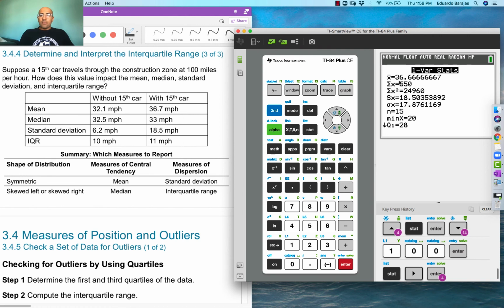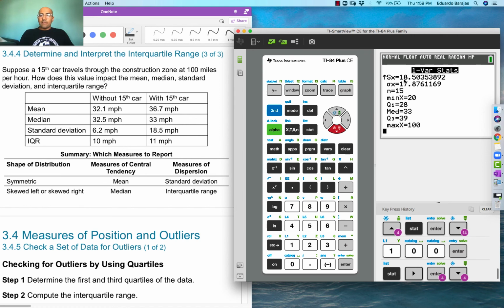So now the new mean is 36.666, which rounds to 36.7. And the median, using my arrows to come down here, is 33. The standard deviation is 18.5.